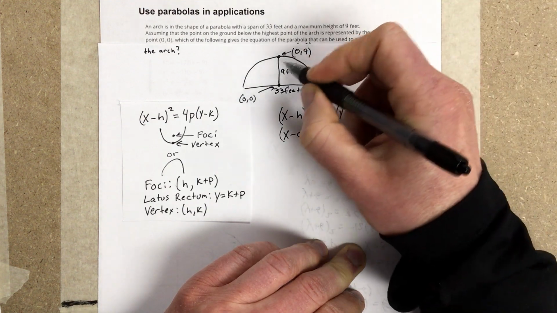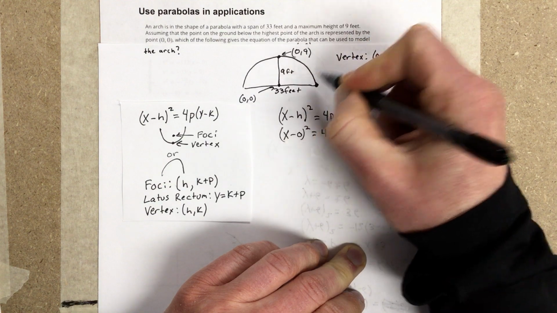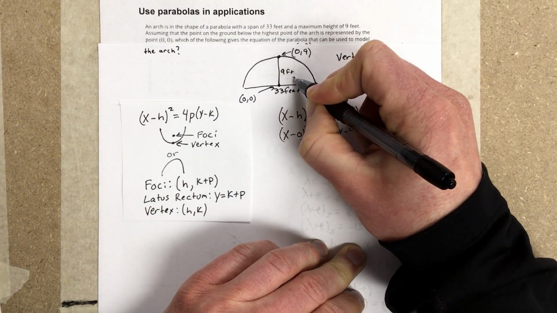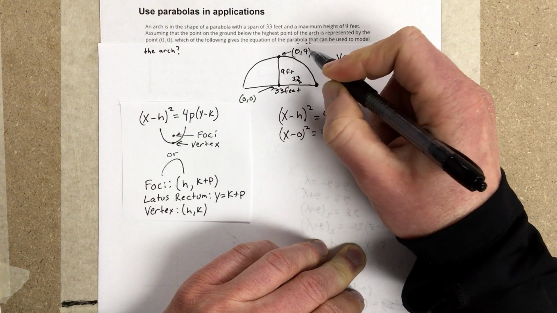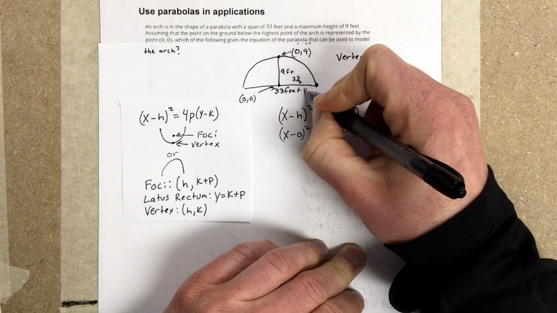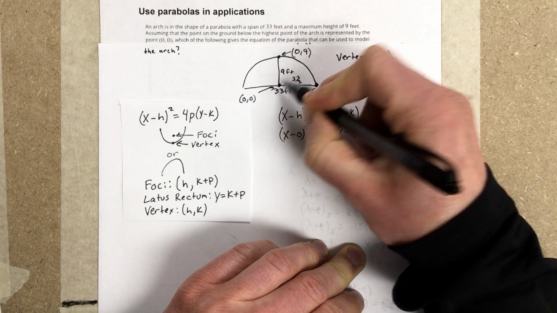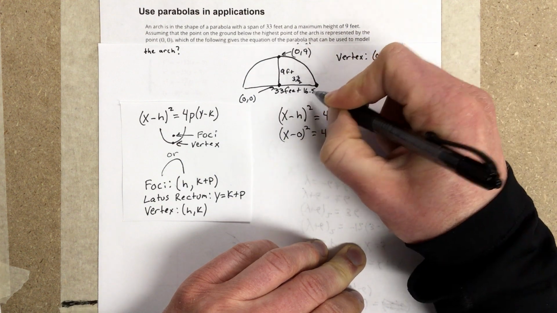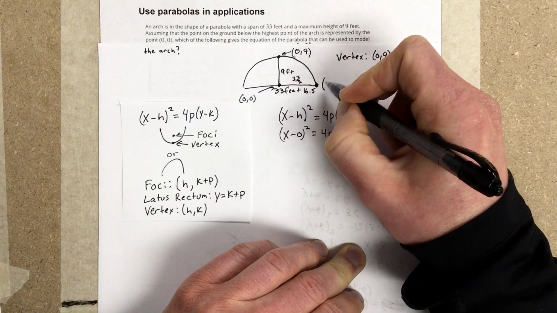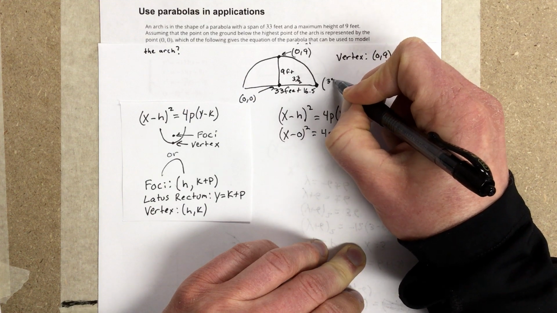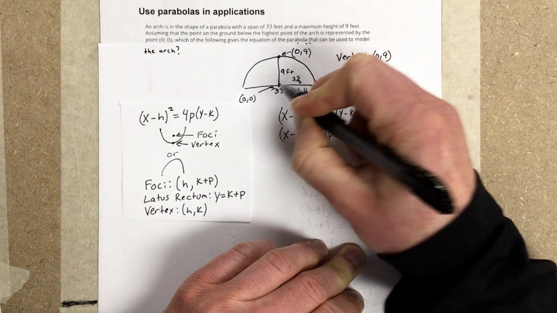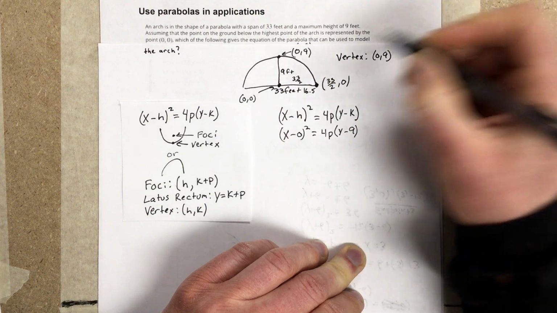Yeah, that would work. So this distance from this point to this point is going to be 33 over 2, which would be 16.5. So the distance from the (0, 0) point to this point is 16.5, which means this coordinate is actually (33 over 2, 0), because our middle coordinate is (0, 0).